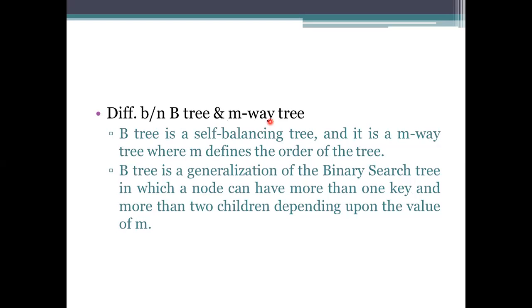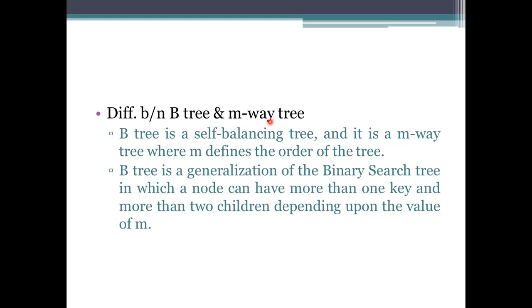Self-balancing means whenever you insert an element, we need to make space for it. It changes the positions of the root nodes and then adds the children, making the children parents and the parents children. All these things are done because it has to maintain the balance among the tree and subtree representations.